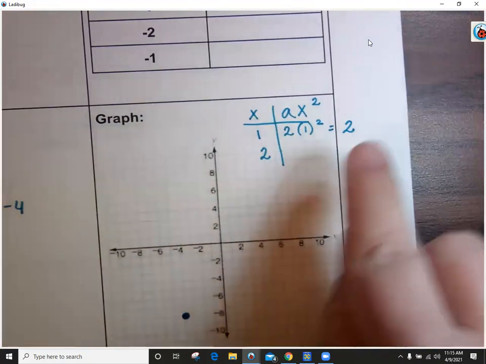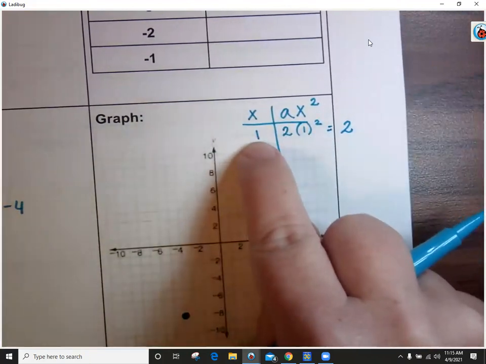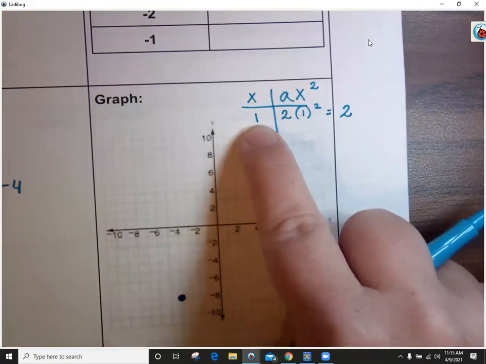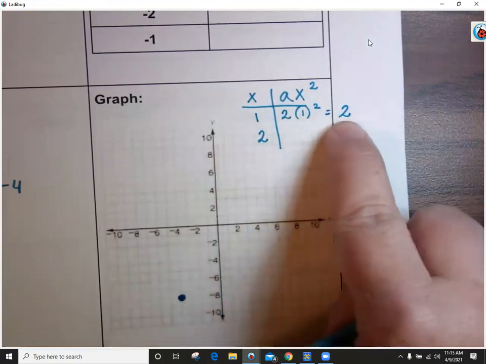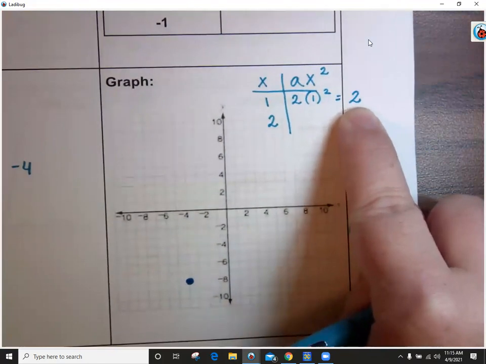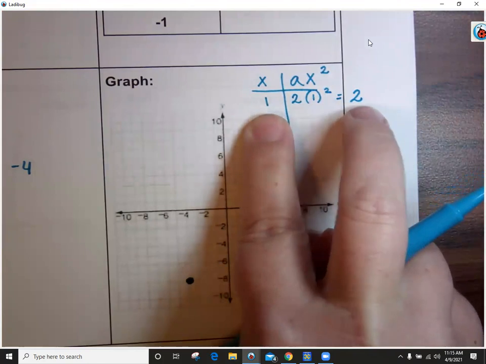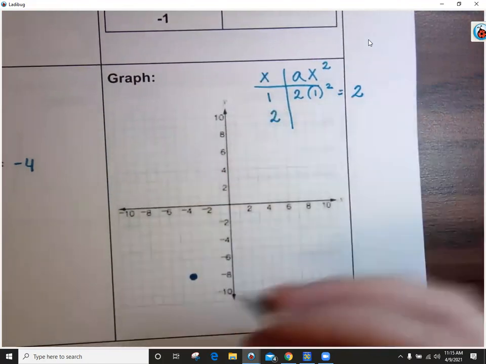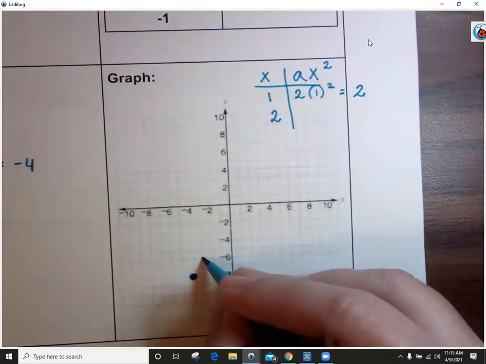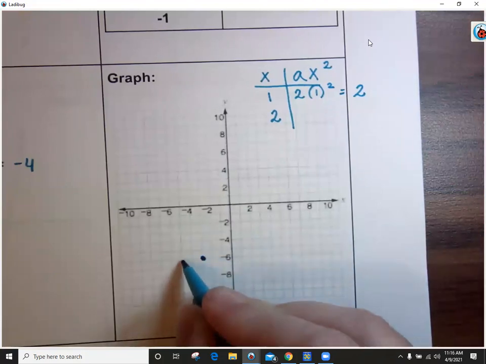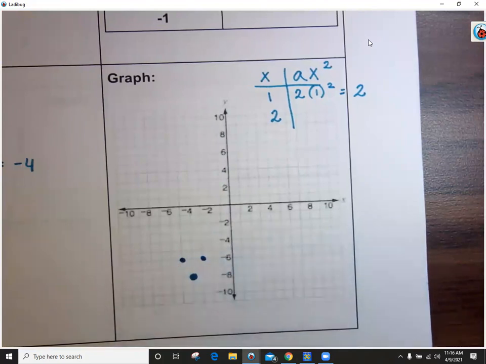So this number tells you your horizontal move away from the vertex, and this tells you your vertical move away from the vertex. So here's your vertex. We're going to count 1 to the side and up 2. And since parabolas are symmetrical, you would do the same thing on the other side.